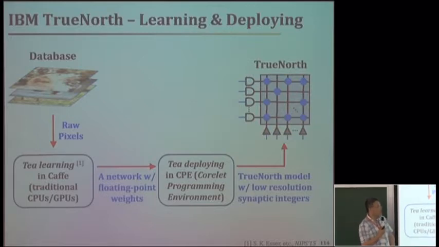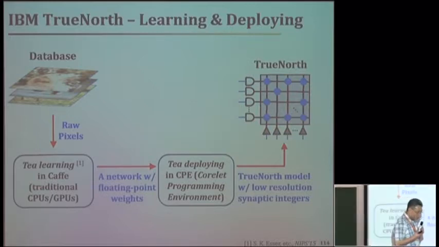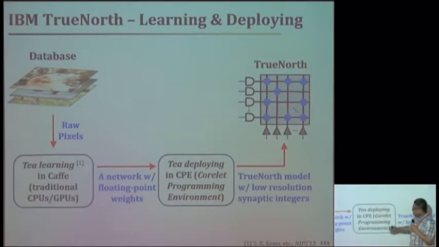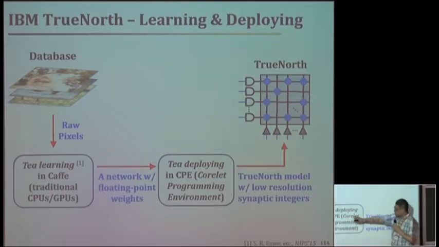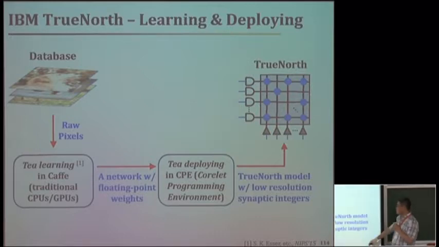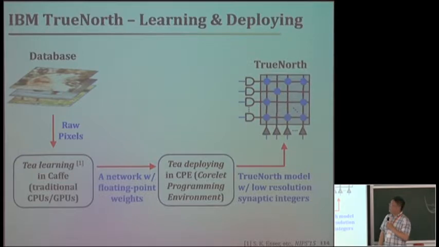They can train their network with floating point weights, and then they use a layer to deploy in the CPE, the Corelet Programming Environment, to deploy this neural network down to the TrueNorth with low precision synaptic integers, like this.